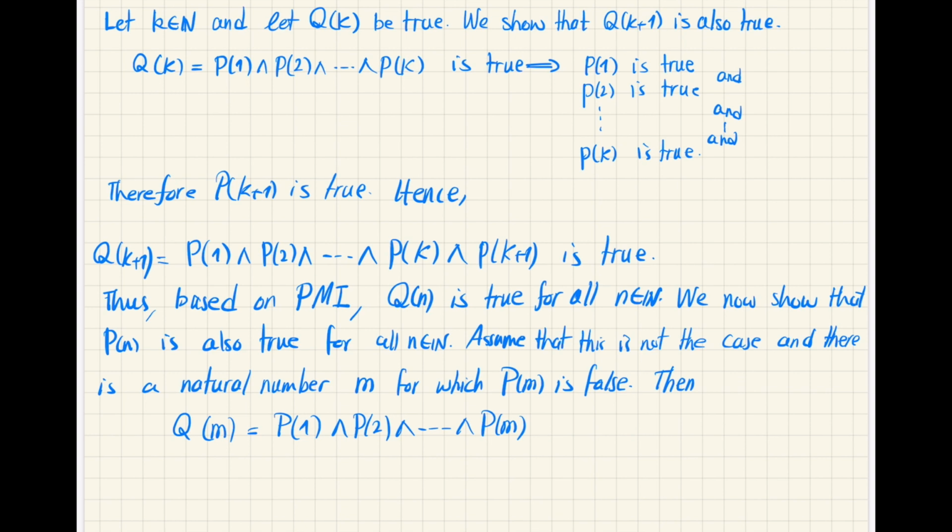So when you say that P of M is false, it means that the last statement in the definition of Q of M is false. So regardless of the logical value for the previous statements, the whole conjunction, the whole combination, is false. Okay? Then Q of M is also false.